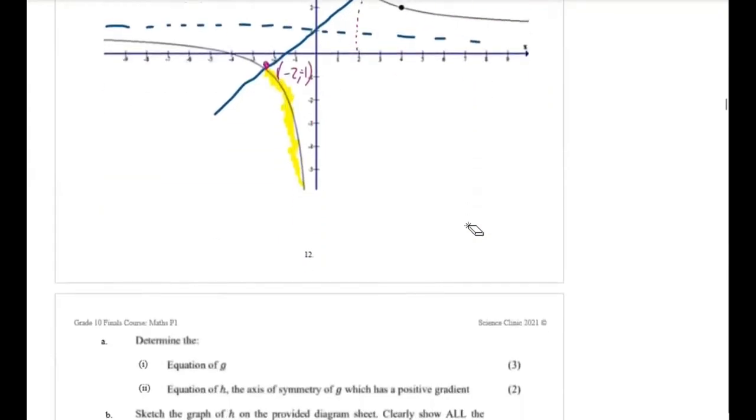I want you guys to have a look at those x values based on the coordinate that I gave you there, -2, -1. What are the x values for what I've highlighted? It's going to be x element of, the x values from the very left to the very right. Last question, I promise. I want all of you to tell me. From the very left to the very right.